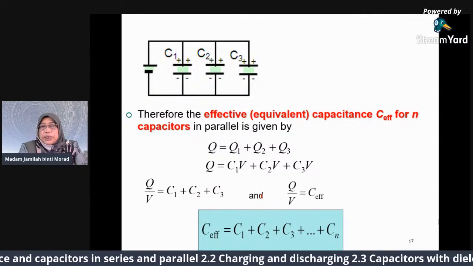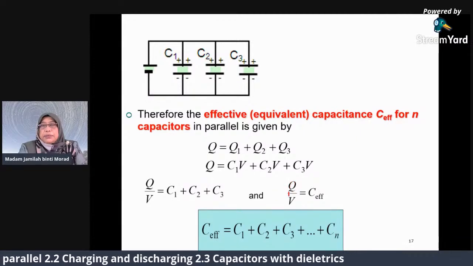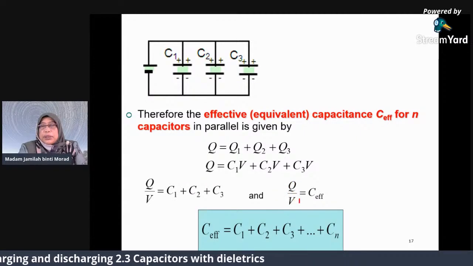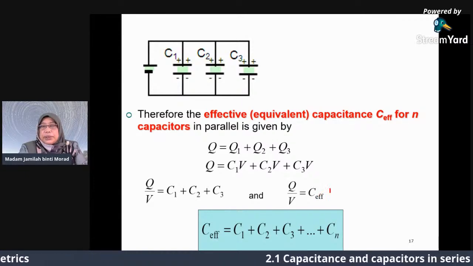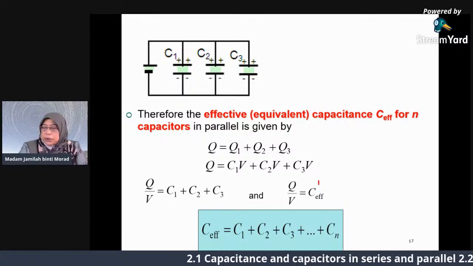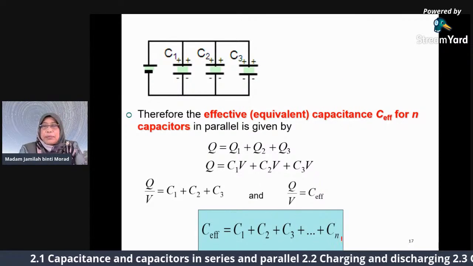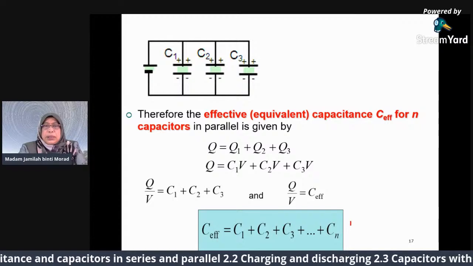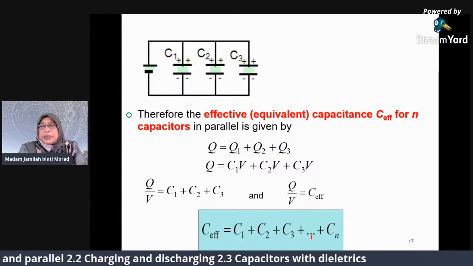Q over V equals C, so total charge per total voltage equals total capacitance, which we call C effective. So C effective is C1 plus C2 plus C3 plus so on.